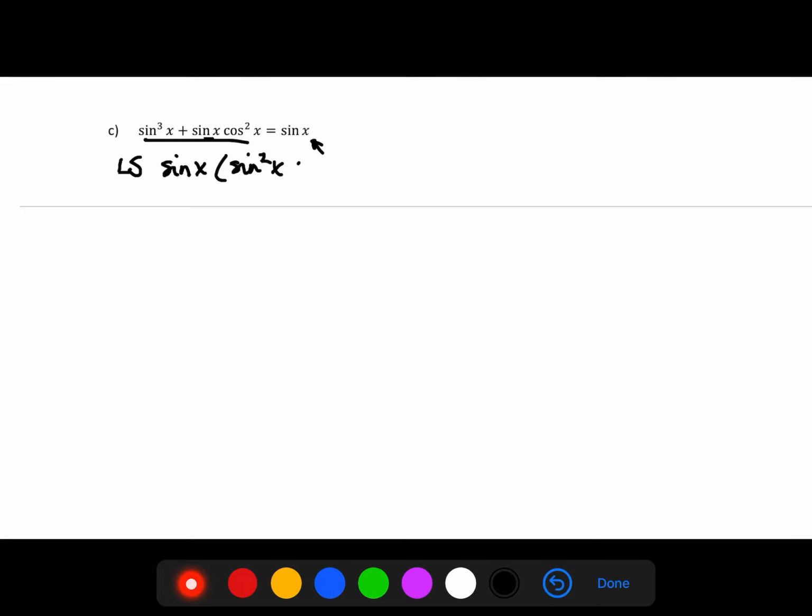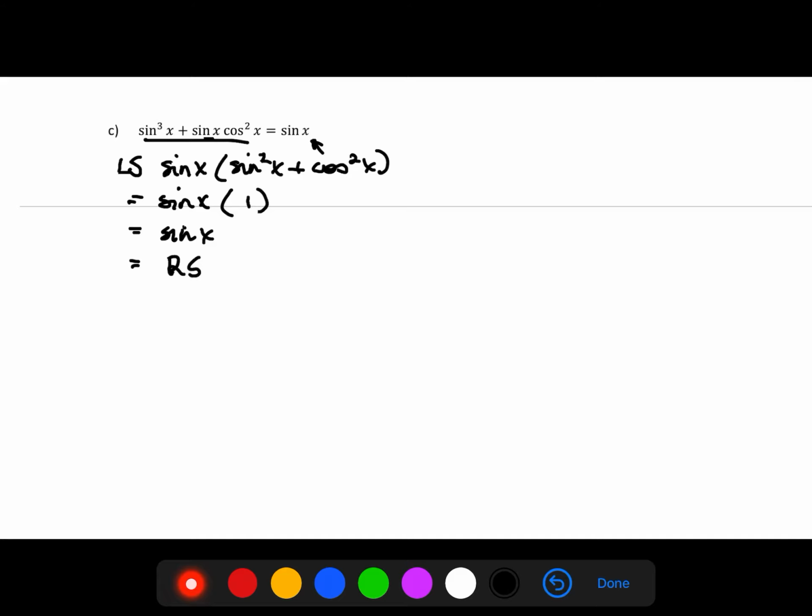And because we know that on our right-hand side we have a single term, we're going to have to get to a single term. So we're going to factor out our sine x out of both of those, which then gives us sine squared x plus cos squared x.